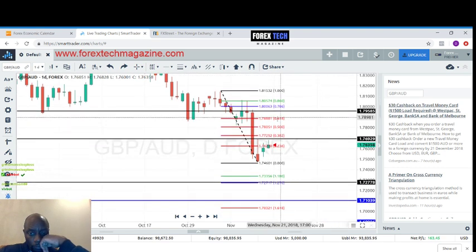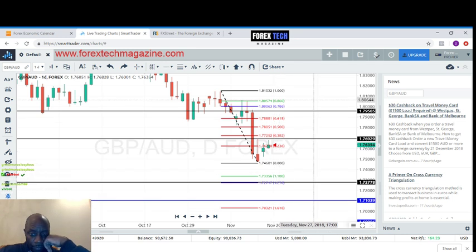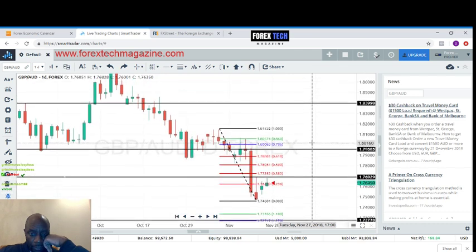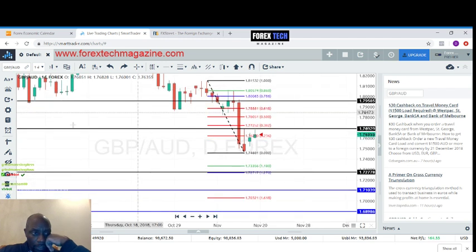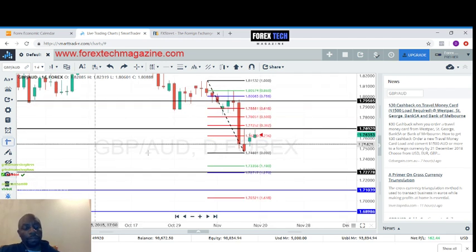That will support this move. This is where it says that it should be going to. I don't know if it's going to make it there by the end of the year. It could. How many pips away is that? Looks a good bit.